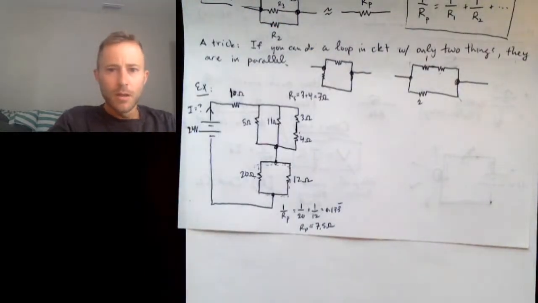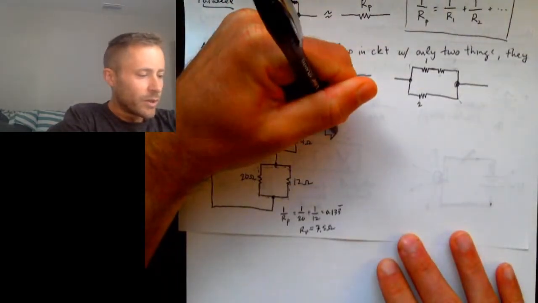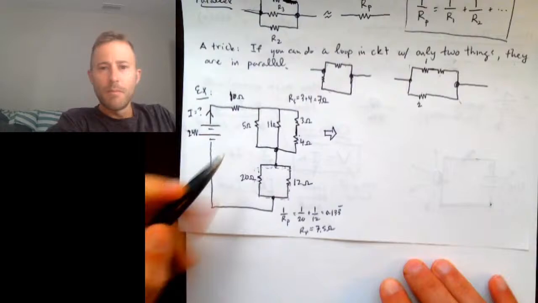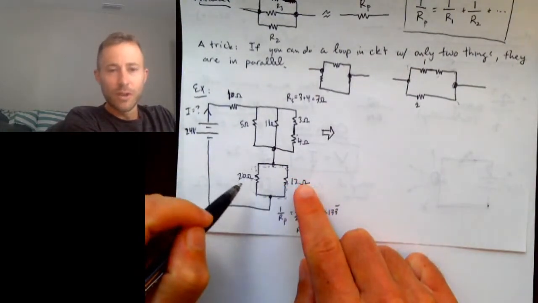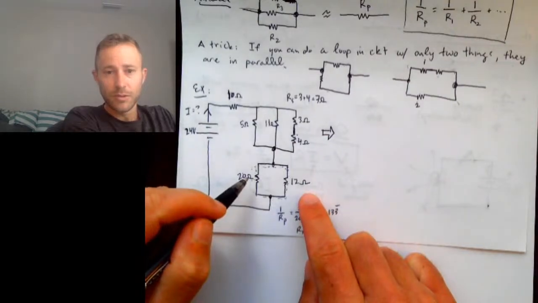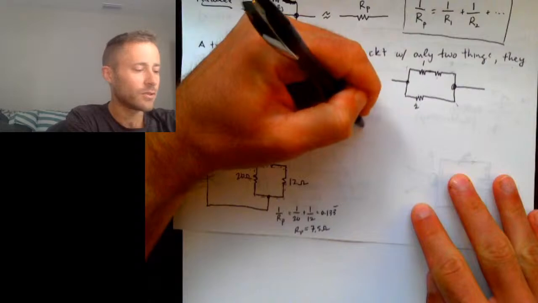Okay? So now what I'm going to do is I'm going to redraw the circuit, but these two resistors are going to lose their identity as separate resistors, and these two resistors are going to lose their identity as separate resistors.